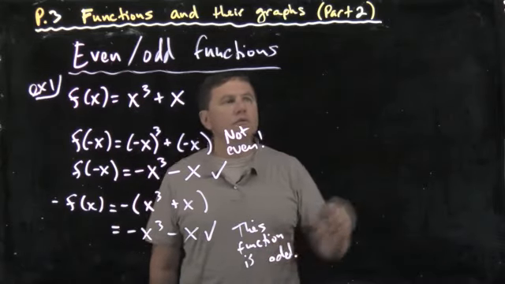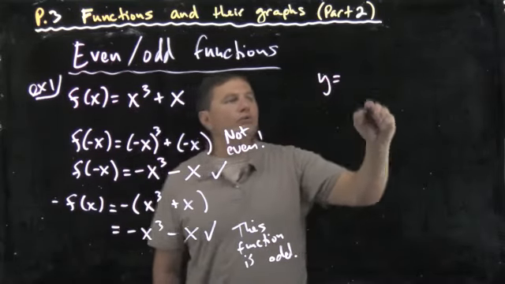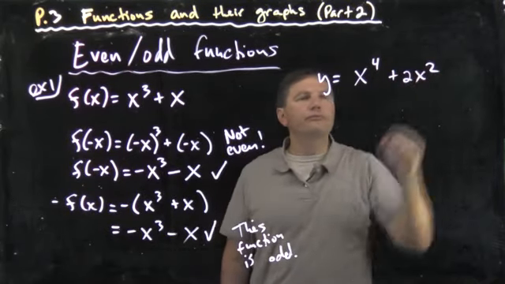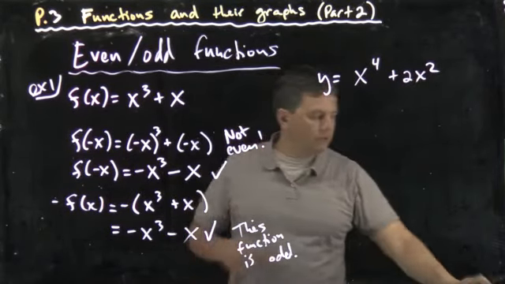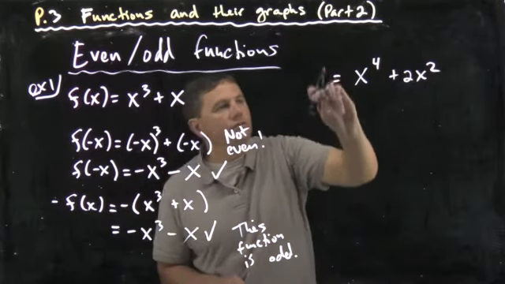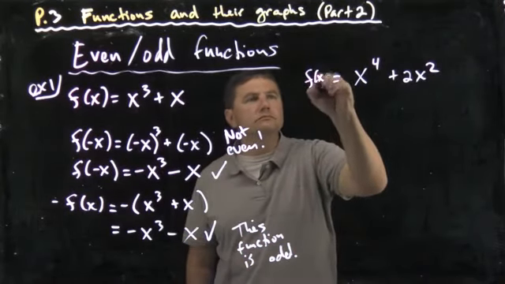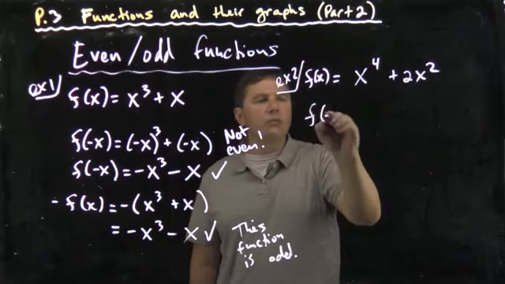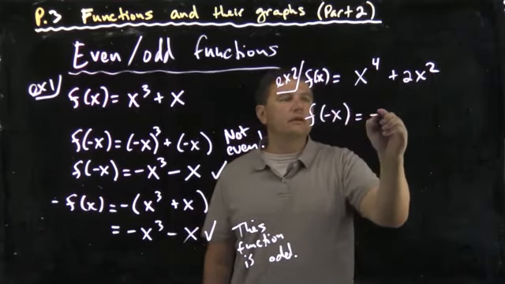Okay, let's do y equals x to the fourth plus 2x squared. Okay. Well, let's write that with function notation. Okay, so once again, we want to plug in negative x.